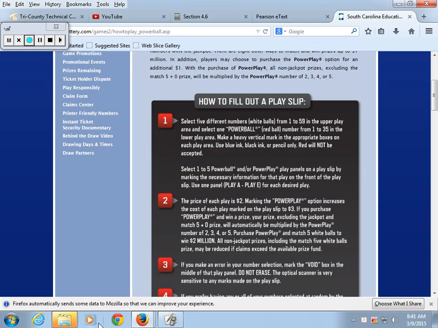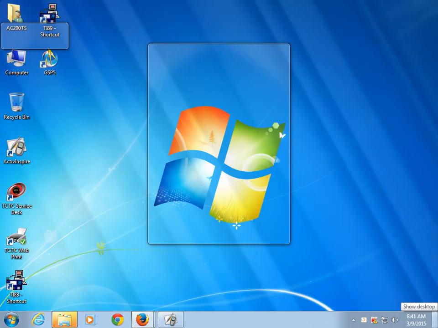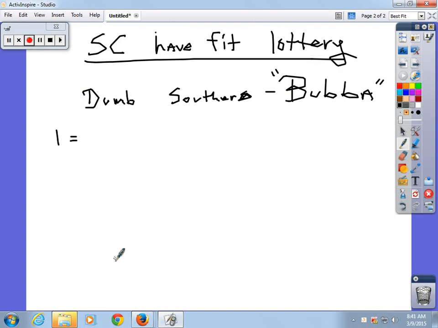So that's n, and that's r. And then this is 35. So that's n, and that's r. So we're going to do a combination, and we're going to tell Bubba what his odds are.